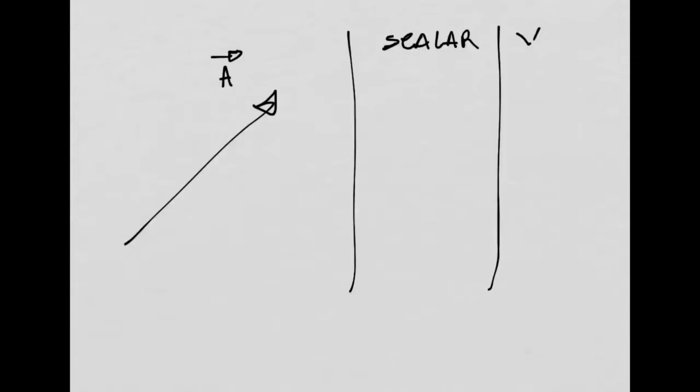And what distinguishes this from a scalar, for example, I can write here something like this. Scalar, vector. So, scalar, we only have the intensity or the value, right?